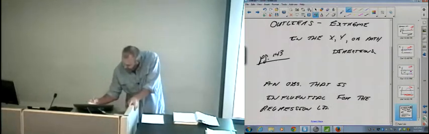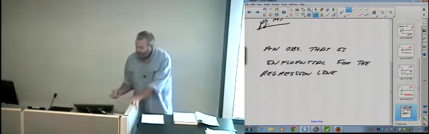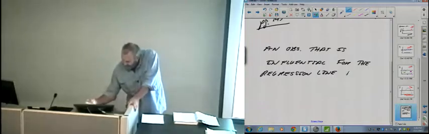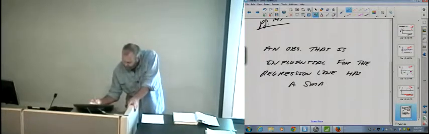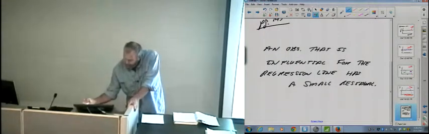Usually, I'm not even going to say usually, for the regression line has a small residual. In other words, you're not going to pick it up in the residual plot we were talking about.